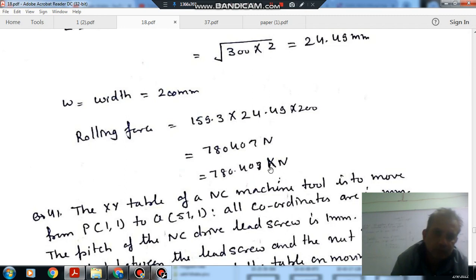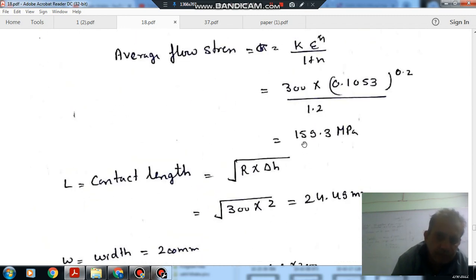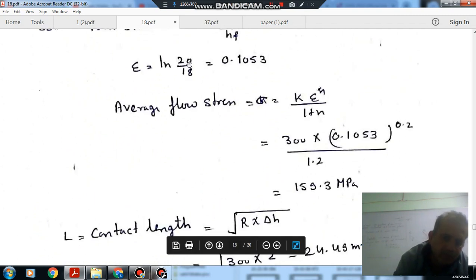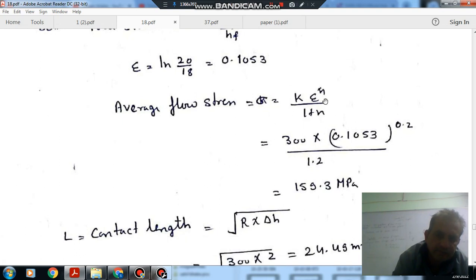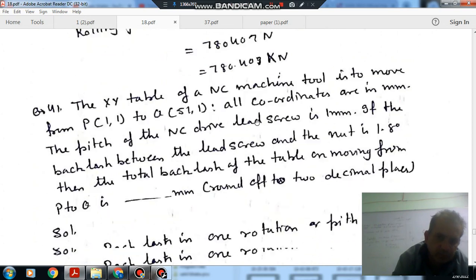The rolling force is the average flow stress into contact area. The average flow stress is calculated from this formula with the given strength coefficient, and the true strain is found by ln of initial to final thickness. So the answer is 780.407 kilonewton.